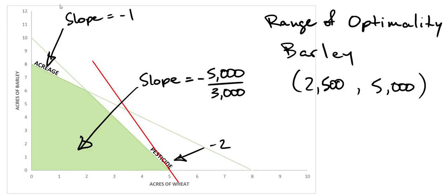If both of those change, then I automatically would have to reformulate the entire model. But as long as only one of those changes, if barley went up to $4,000, I don't need to worry about reformulating this. I know that because barley has not gone above $5,000 an acre, I would not change my optimal solution. I would still continue to plant 6 acres of barley and 2 acres of wheat.